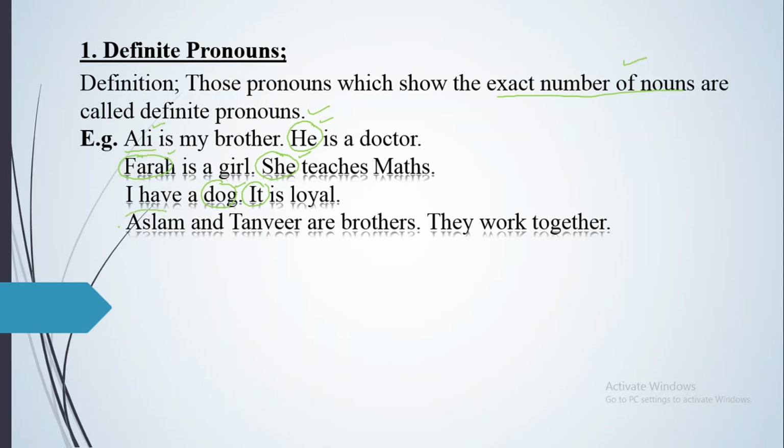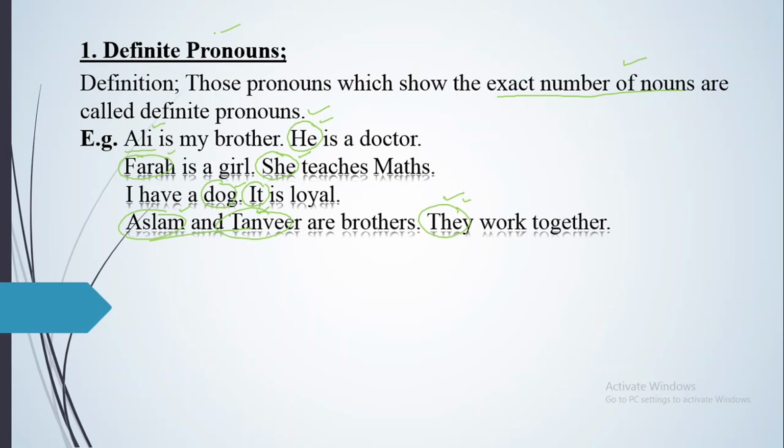Now see, Aslam and Tanveer are used together, and instead of them we use the personal pronoun they, which is used for masculine and feminine both as a plural. So they work together. This is the definition of personal pronouns.